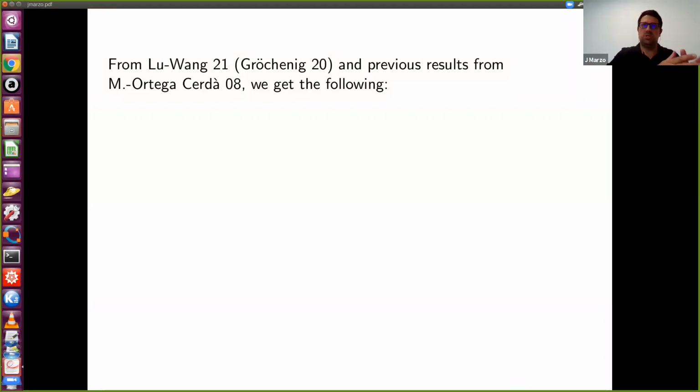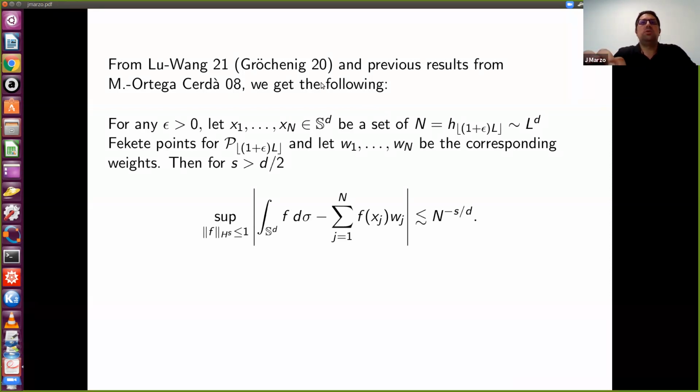So this is just a particular case of what I'm going to mention, but it's related with these Fekete points. So using that these Fekete points actually form something called a Marcinkiewicz-Sigmund family, you can get the following. So now we are going to try to say something about the error in this integration, okay?